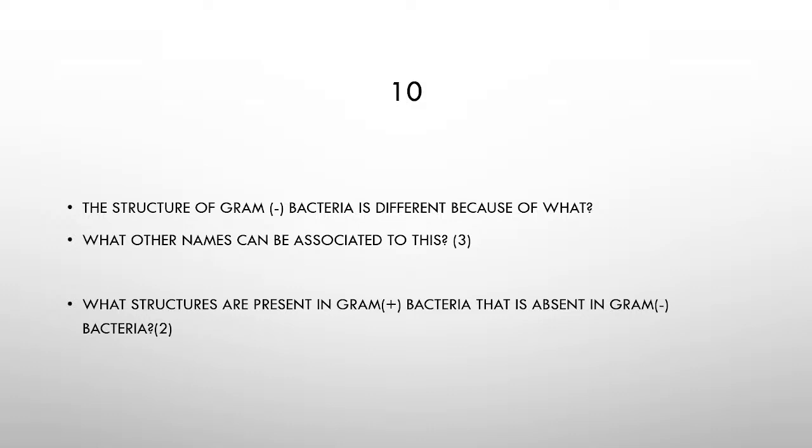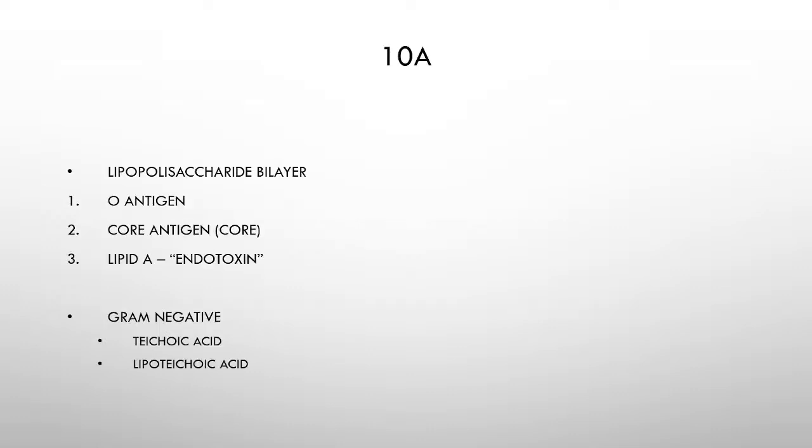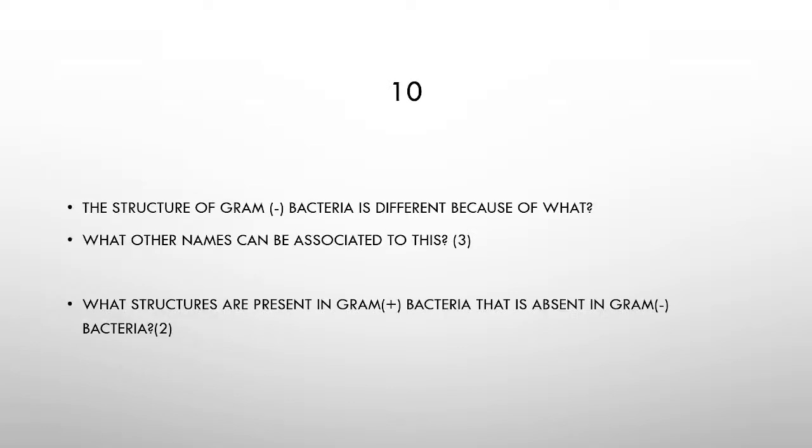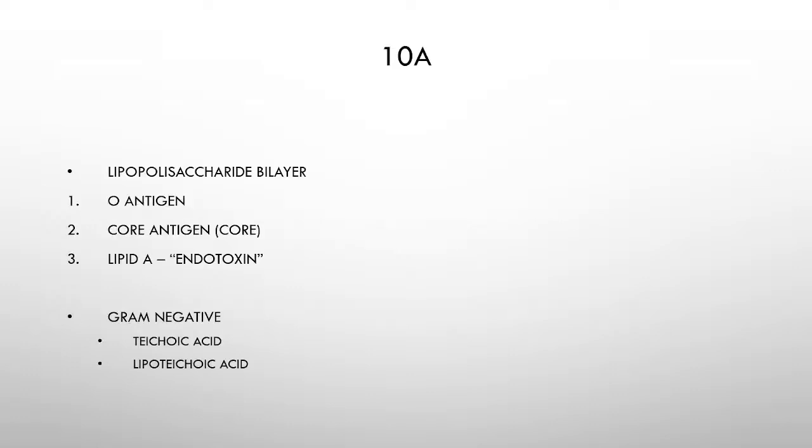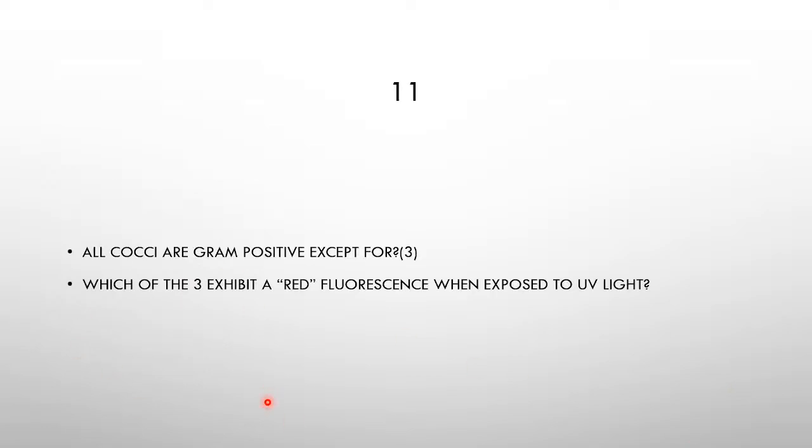But what gram-positive bacteria have is teichoic acid and lipoteichoic acid. So that's the difference between the two. Present in gram-negative bacteria but absent in gram-positive. So we got that clear?